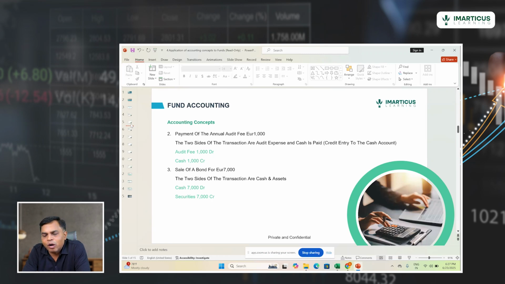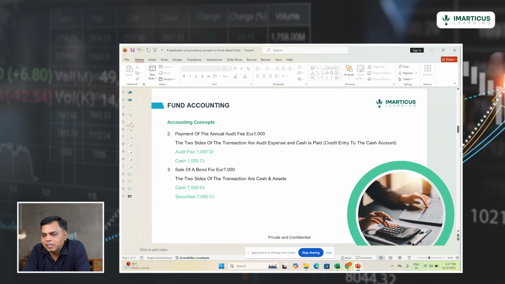So here the audit fee, which is an expenditure, is increasing, so we debit audit fees for $1,000, and the audit fees is paid through cash. Cash is a real account. When audit fees is paid, the balance decreases, so we credit it. So the rule for the expenses is audit fee debit and cash account credit.